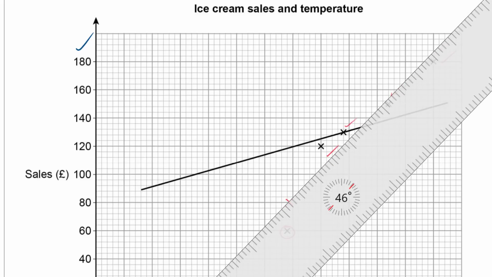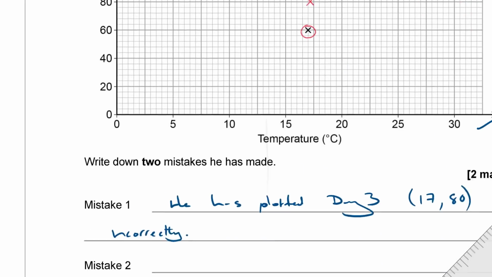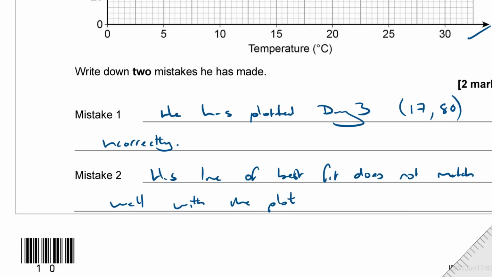So he's kind of not got his line in the right direction. It's got the right number of points on either side, but it should be angled down more, I think. So I'm going to say his line of best fit does not match well with the plotted points.